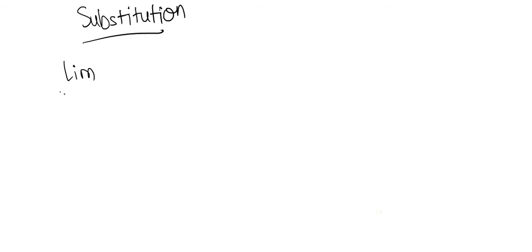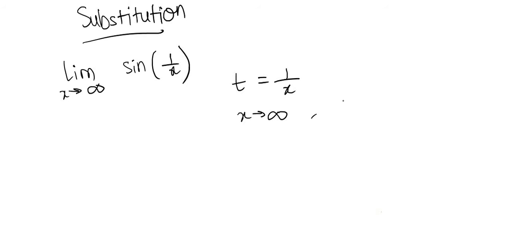Now one method of solving limits is what's called substitution. So for example, if you have this question, limit as x approaches infinity of the sine of 1 over x, well, you can do a change of variables here. So you can say let t is equal to 1 over x, and when x approaches infinity, t goes to 0, right?